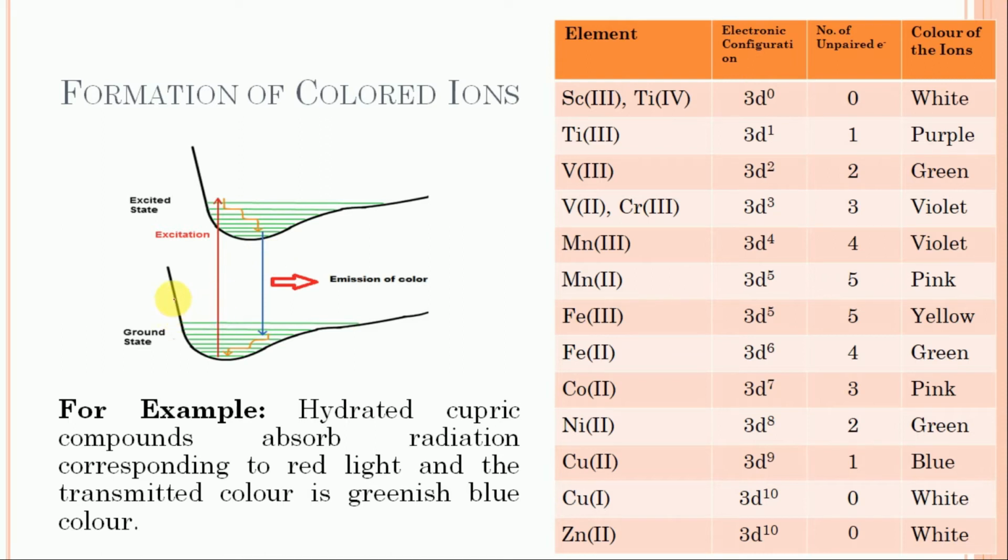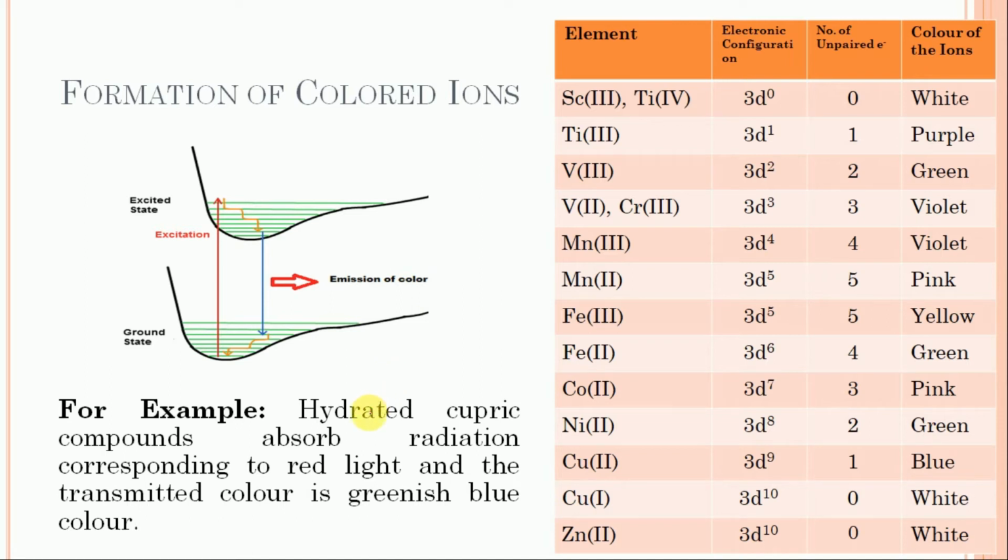So this one is the ground state, and the electrons in the ground state get excited to the higher state when they absorb radiation, and when these excited electrons come back to the ground state, the absorbed energy is emitted in the form of radiation having a particular color.